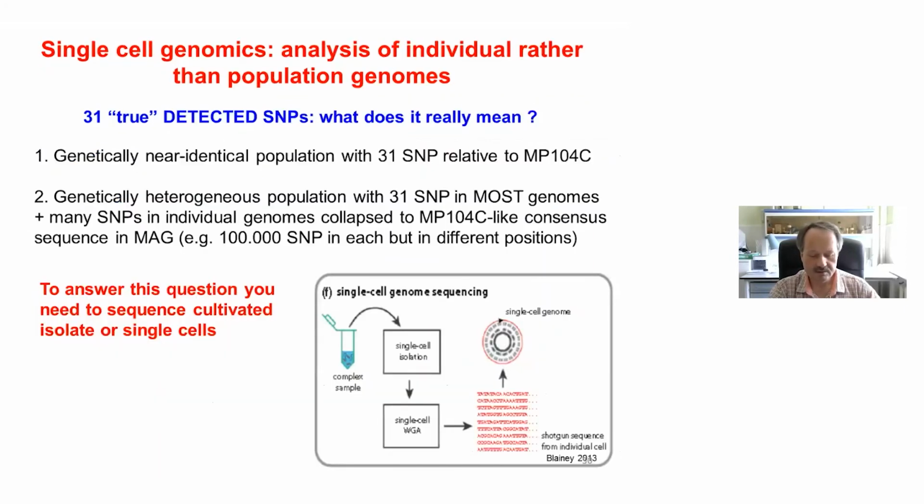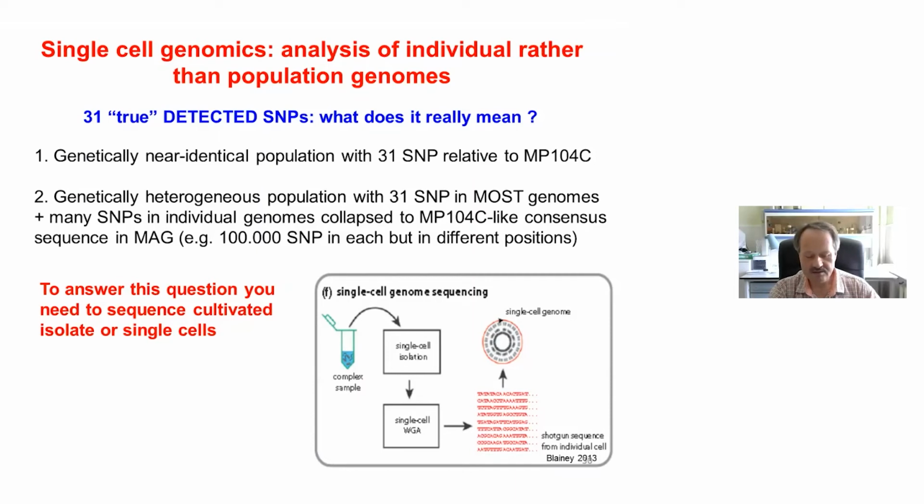However, there's one questionable point in these speculations. We detected 31 SNPs in the Siberian genome, but this is a consensus sequence obtained from metagenomics. So there are 2 variants. The first is that the Siberian population is genetically near identical. In this case, in each cell there are indeed 31 SNPs relative to the South African genome.